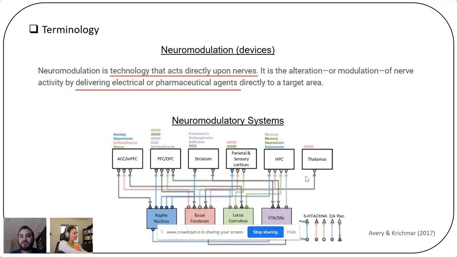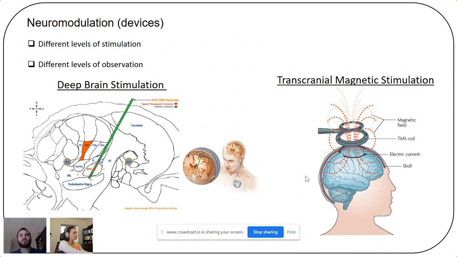Neuromodulatory systems are different: in the brain, they provide the foundation for cognitive functions. As examples of neuromodulation devices, we have a lot of devices. One example is deep brain stimulation, and the other example is transcranial magnetic stimulation.